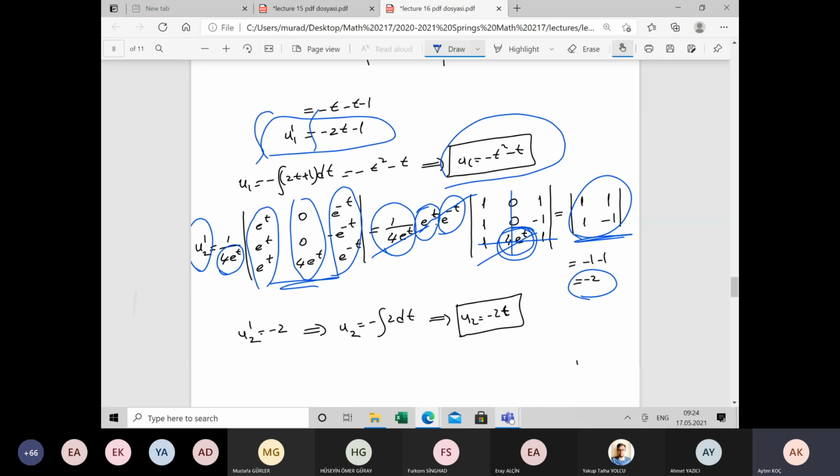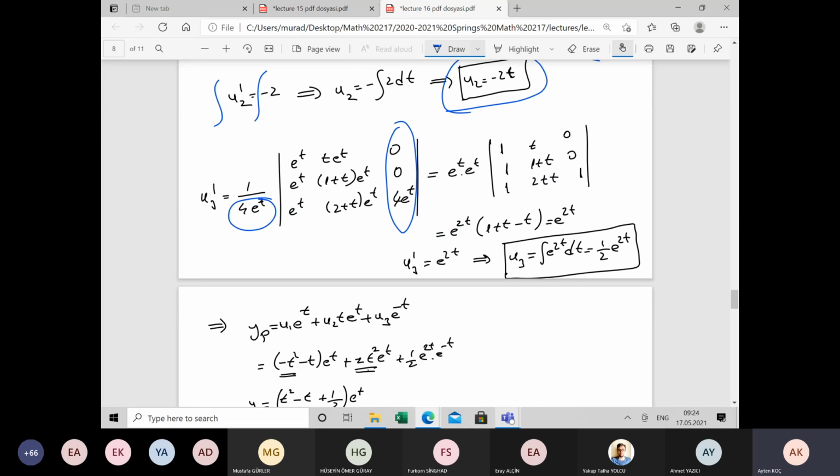U2 prime is minus 2, integrating both sides, we obtain u2 is minus 2t. And the last unknown, u3 prime, is 1 over the Wronskian, and the last column will be the right-hand side. Using some properties of the determinant, we obtain the result. U3 prime is this one.